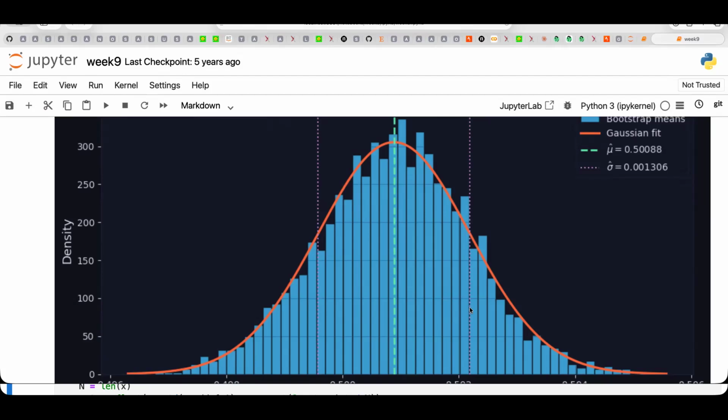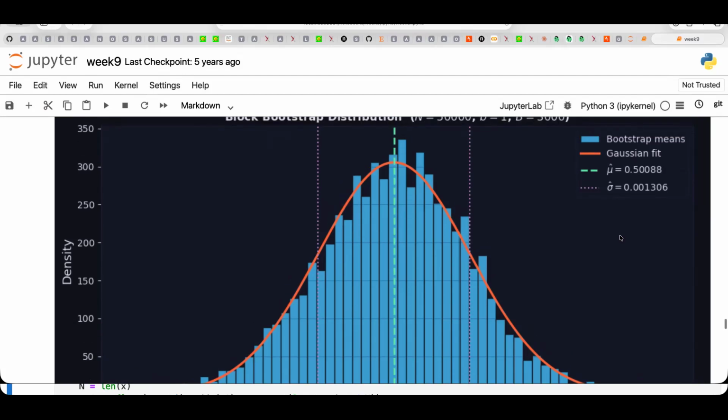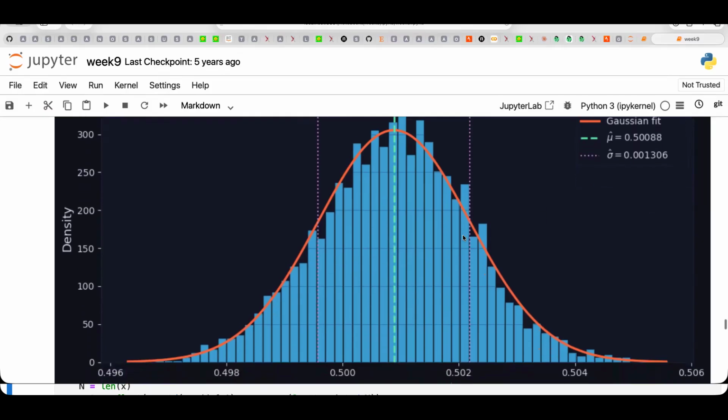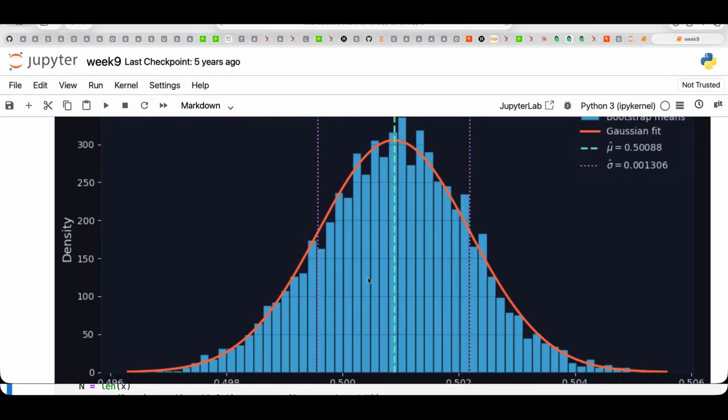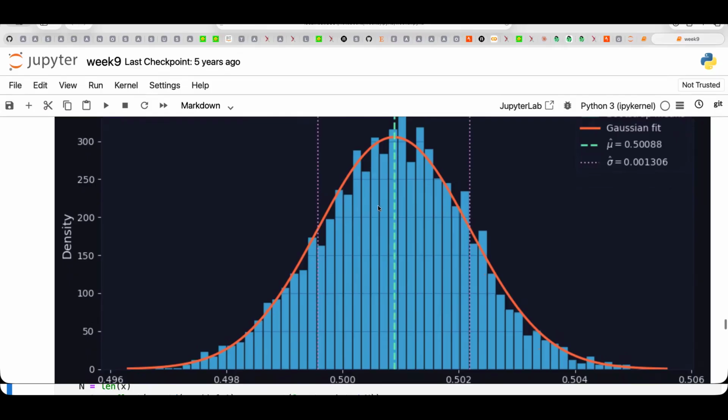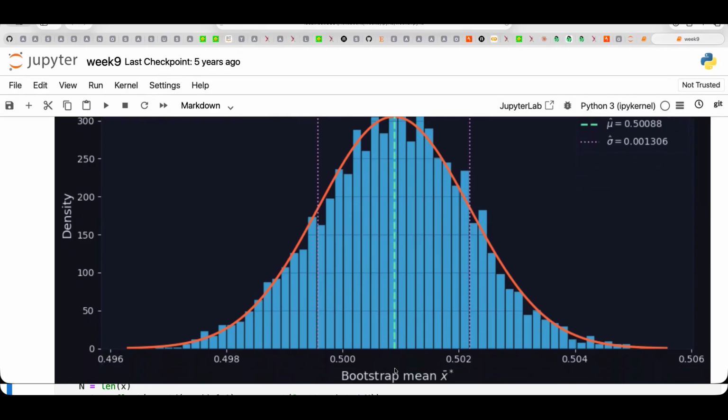When you run a series of bootstrap experiments, these are the bootstrap results, you see that you're getting a standard deviation which is pretty close to the one you want. And the mean value is centered around 0.5. This simply counts the number of times you measure the mean value in the different bootstrap experiments.